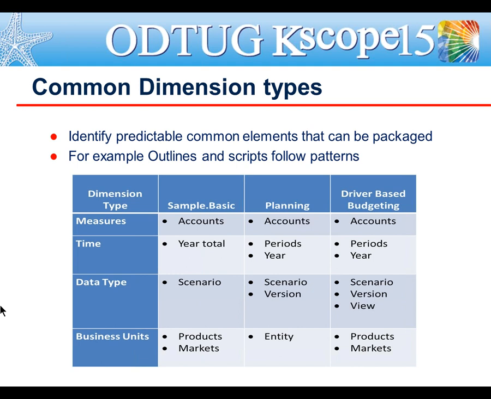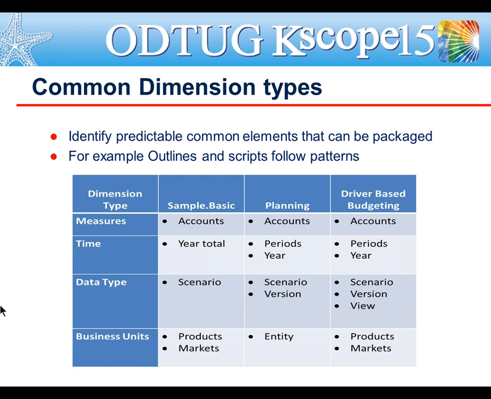Let's call the scenario dimension a data type dimension. And let's call products and markets business unit dimensions. So that's our classification for Sample Basic. Some of that is standard dimension properties, and some of it is new with my conceptual framework.